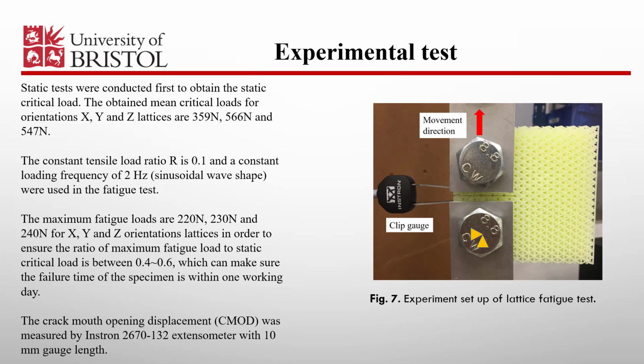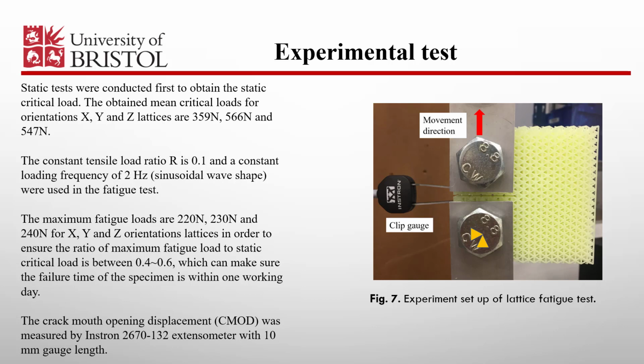After static tests, the fatigue tests were carried out under load control and fixed load ratio and frequency. The tensile load ratio R is 0.1 and the loading frequency is 2 Hz.